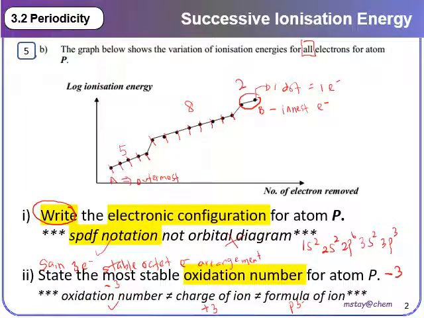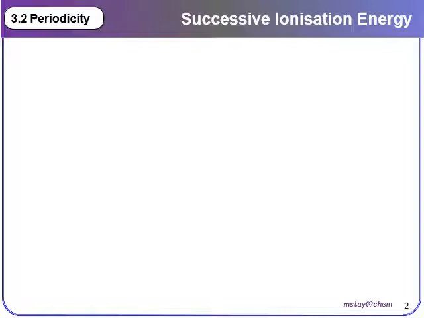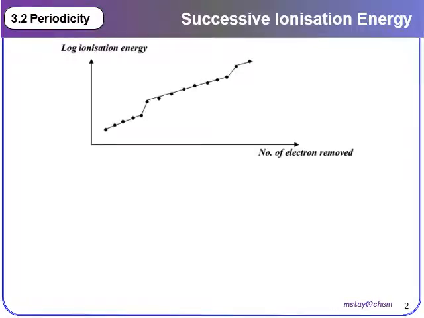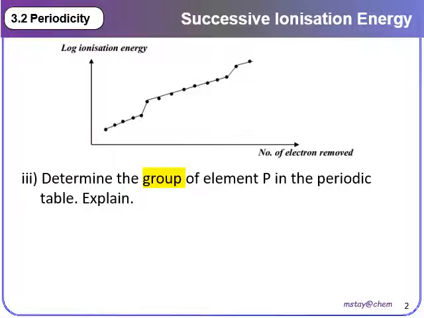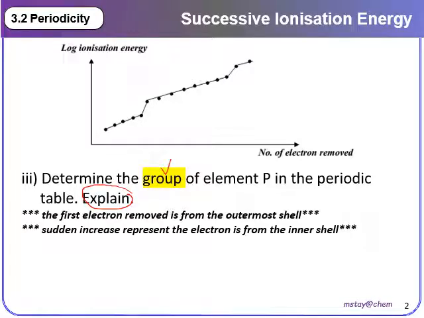Let's continue with question part 3. We're still referring to the same graph. For part 3, they ask us to determine the group of the element P in the periodic table, and we need to do an explanation. Before we start to answer, you have to know that the first electron removed is always from the outermost shell.